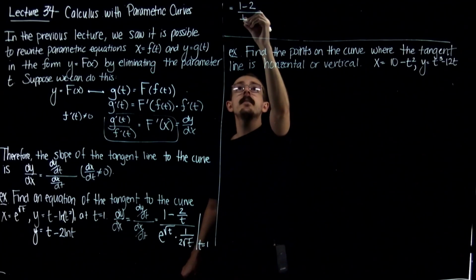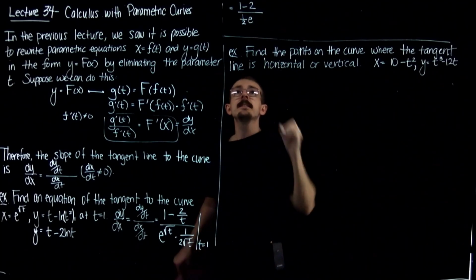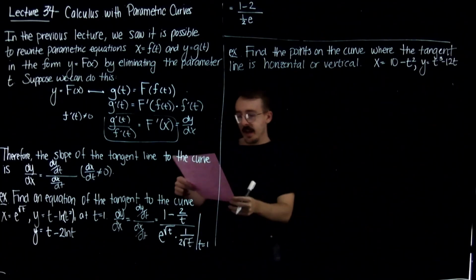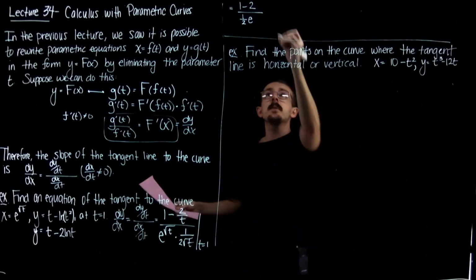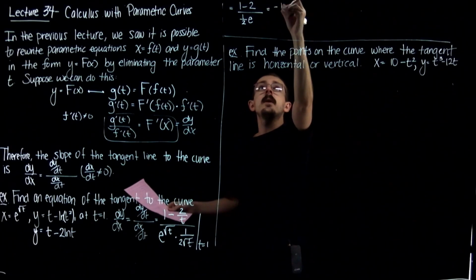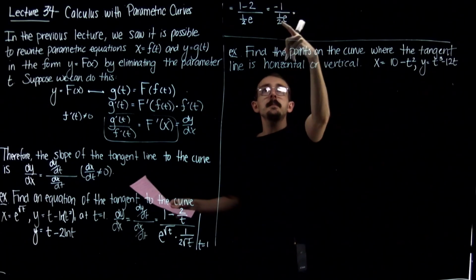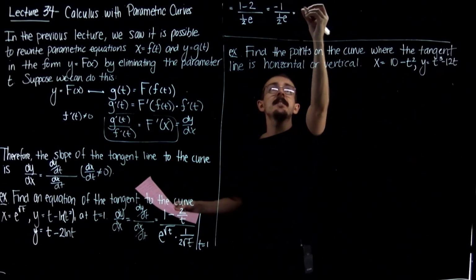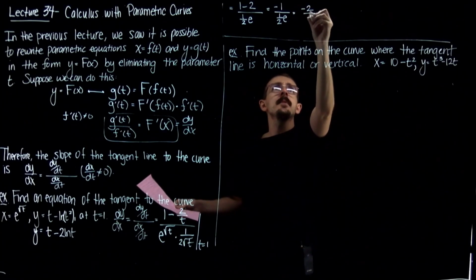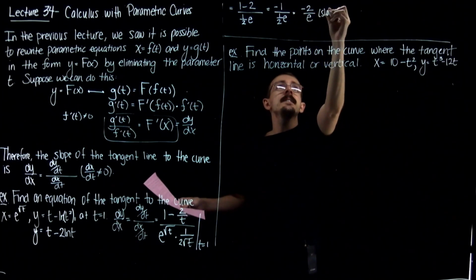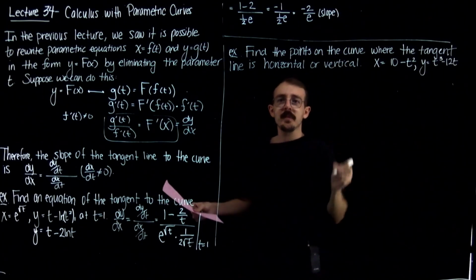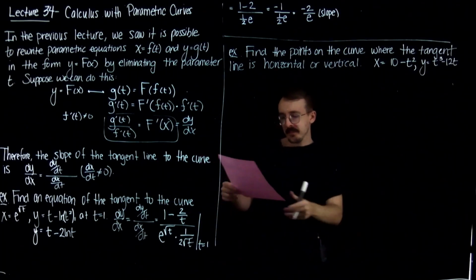So I have 1/2 e to the first power. From there, I'm going to simplify this a little bit. I get negative 1 over 2 times e. But then if you divide by 1/2, that's like flipping this up here to negative 2 over e. And this is the slope of our tangent line.